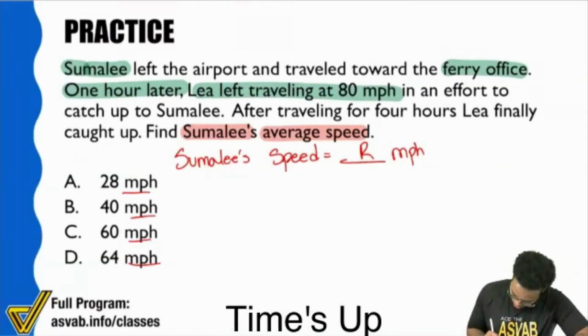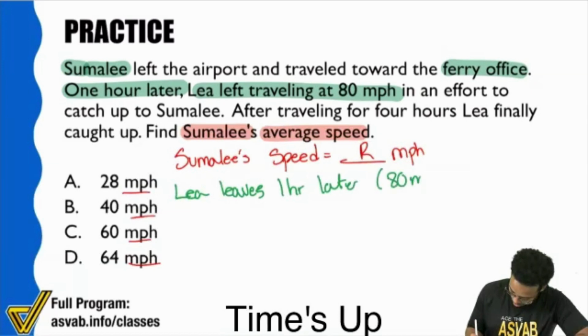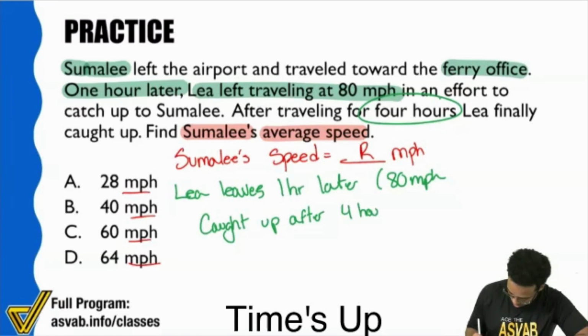So Leah leaves 1 hour later, 80 miles per hour, and then it says she caught up after 4 hours.